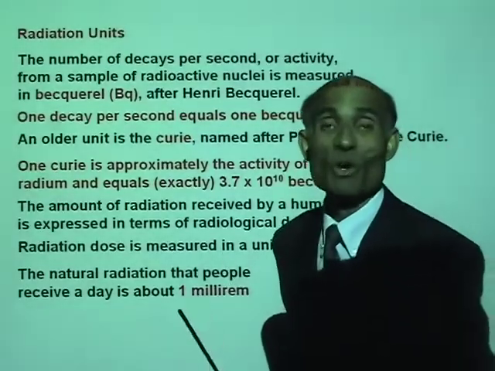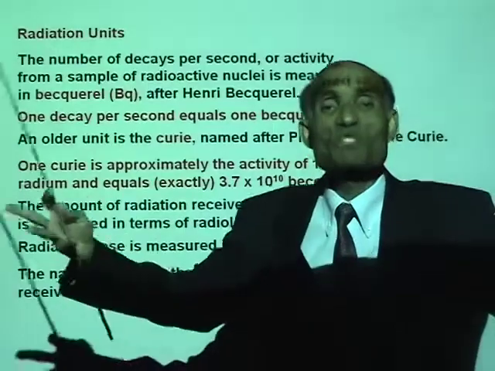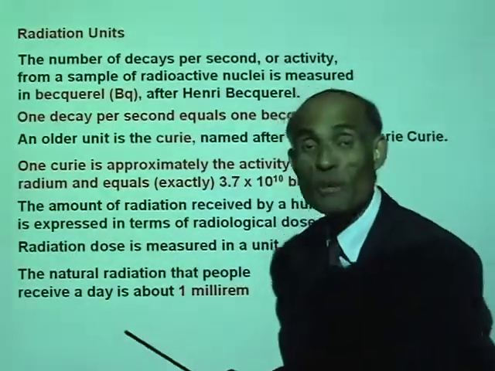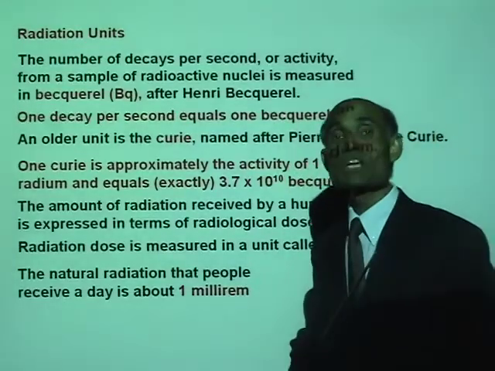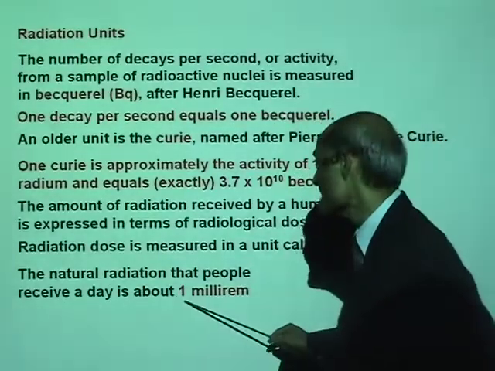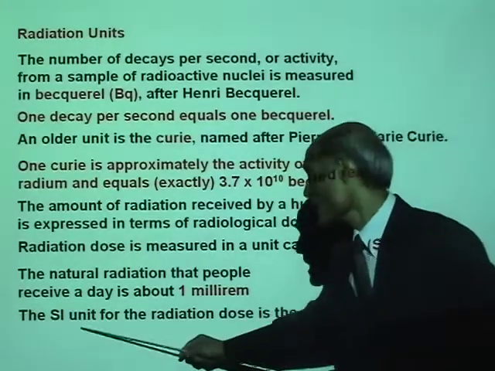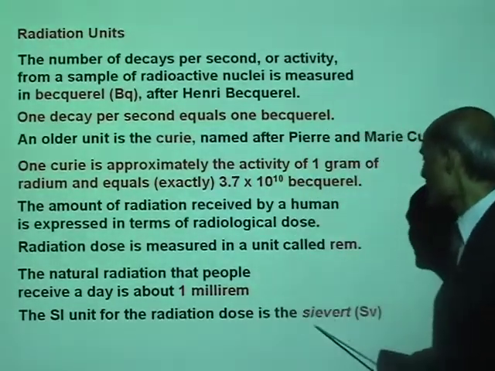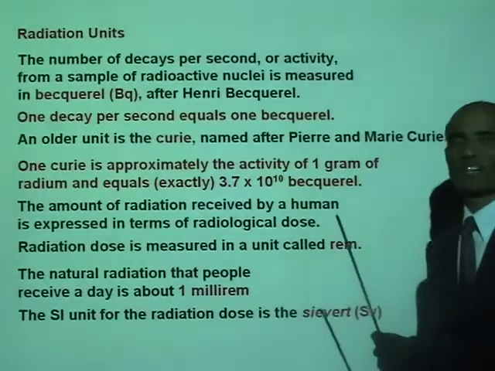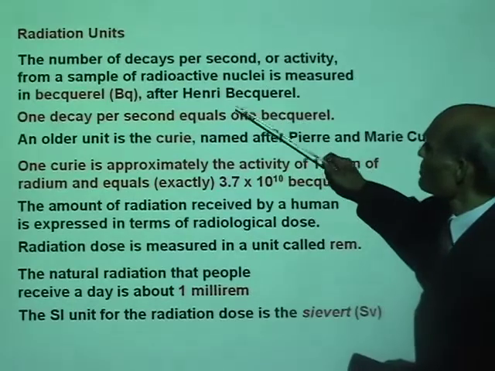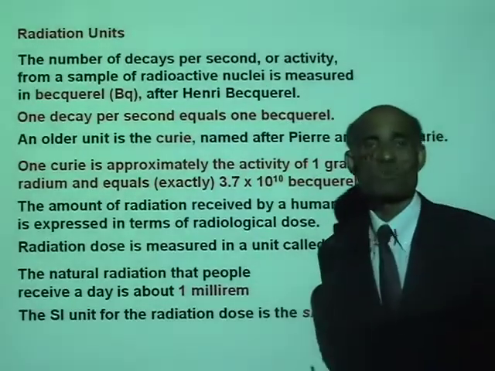As I told you, we are always exposed to radiation from the background, and normally the radiation we are exposed to is about 1 millirem. The SI unit for radiation dose is called the sievert. Now, I would like you to remember some of these units.